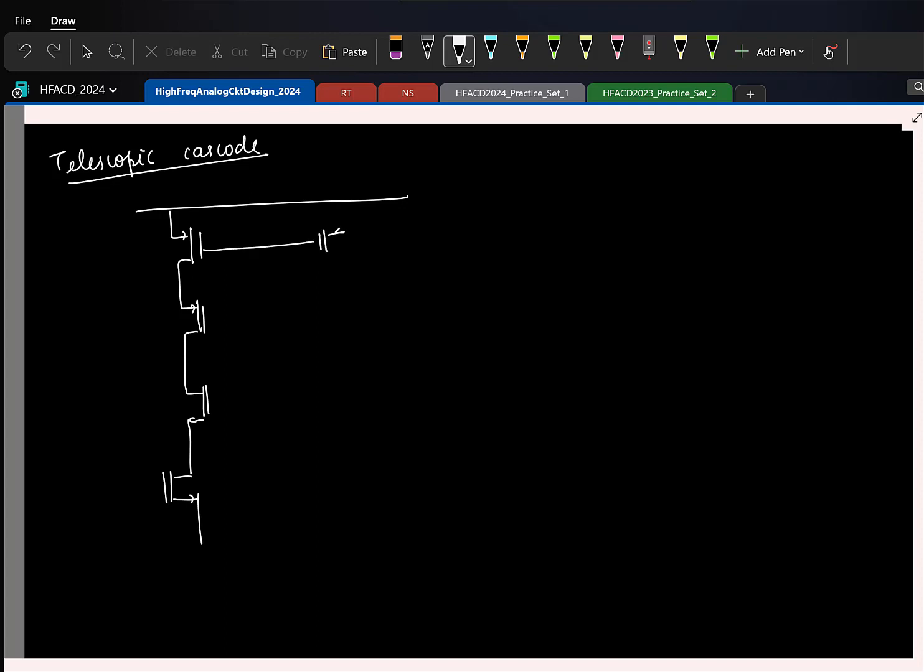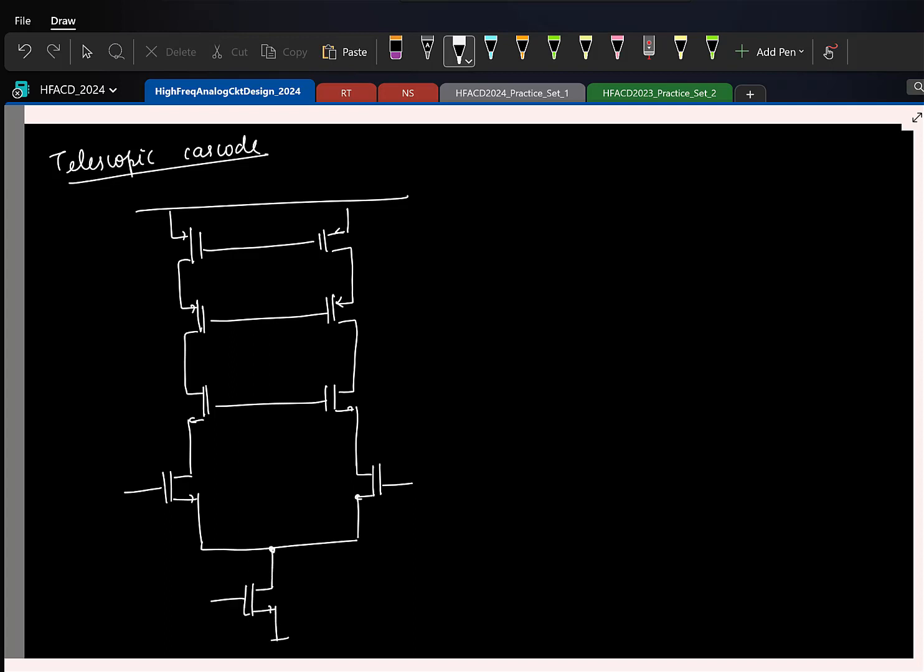I'll have an identical copy this side. So I'll make a direct connection like this so that we get a high swing cascode current mirror. Please recollect, we can also do direct connections like this, but that reduces the output swings.